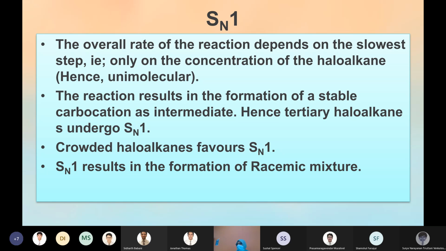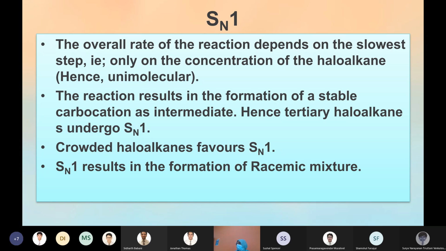Yeah, equal chances are there, so that is why it's always a racemic mixture after SN1. In SN2, you're getting inversion. In SN1, racemic mixture. As the chances are equal, because the carbocation attack can happen on both sides simultaneously, it's always a racemic mixture.